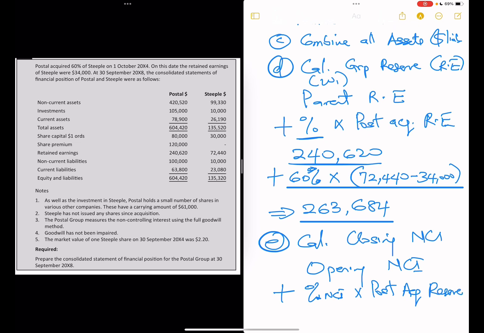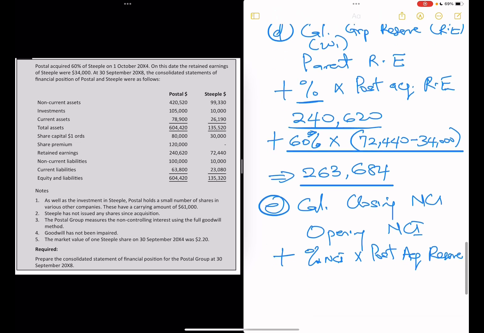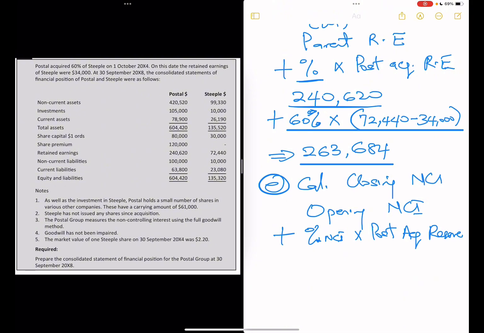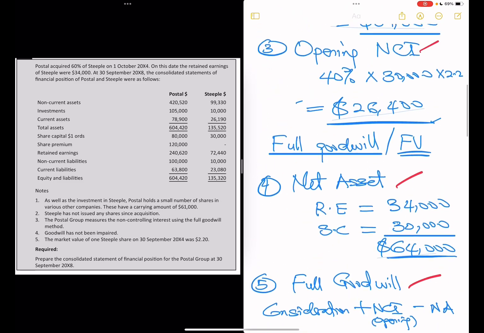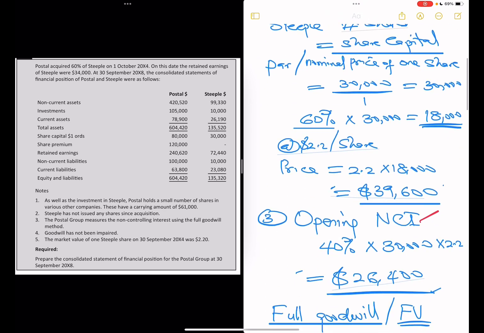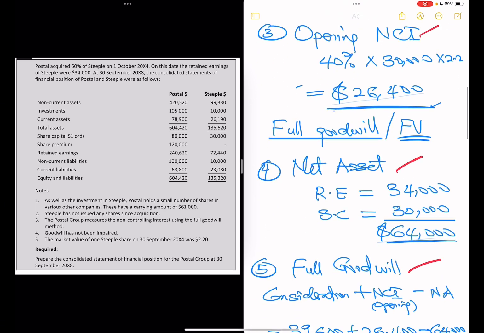And in this question, the only reserve we have is retained earnings. So which means that's the only thing we'll be adding. We got our opening NCI. We calculated that earlier in the previous steps. Yeah, that is 26,400.